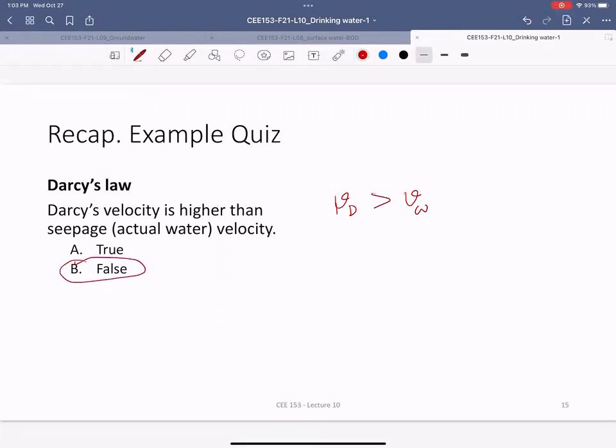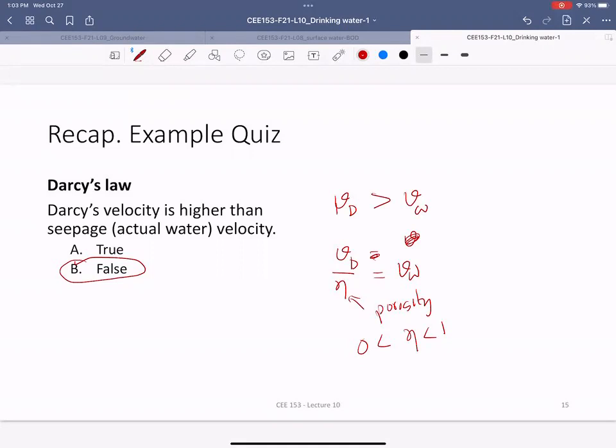This is the correct answer. The reason is, if you remember, Darcy's velocity divided by porosity is the velocity of water. This is porosity, and porosity is always less than 1, because you are looking at what fraction of the soil is porous.